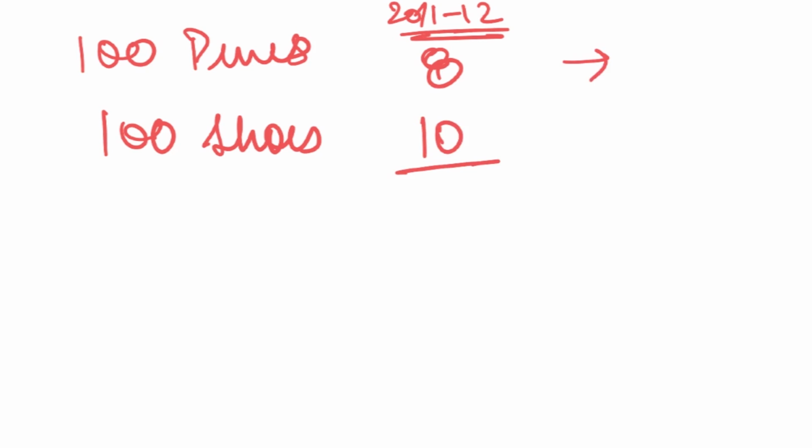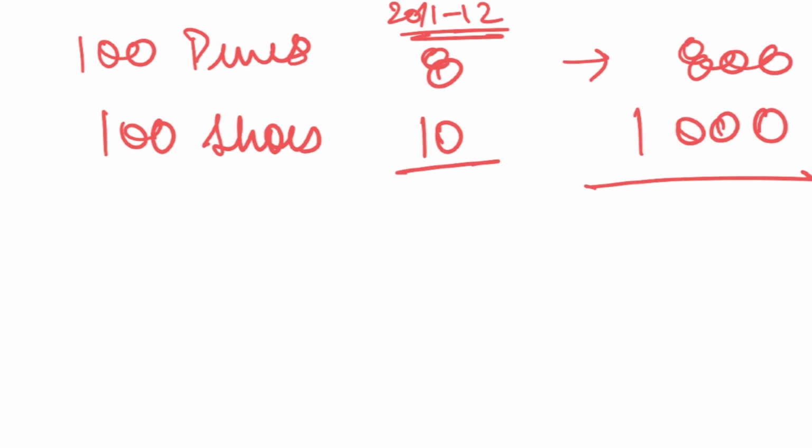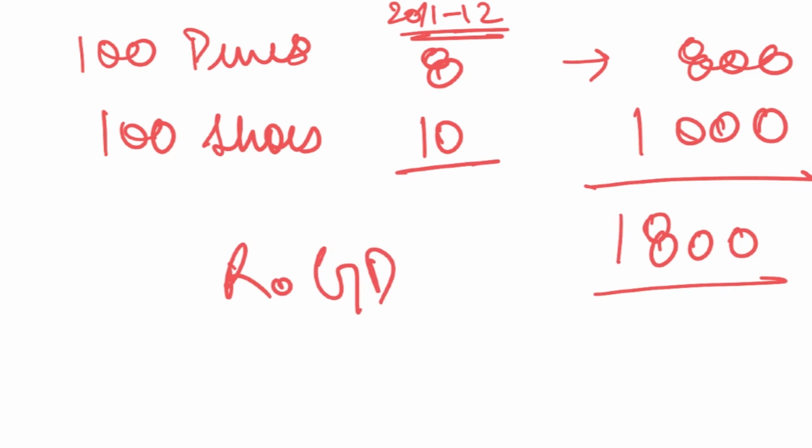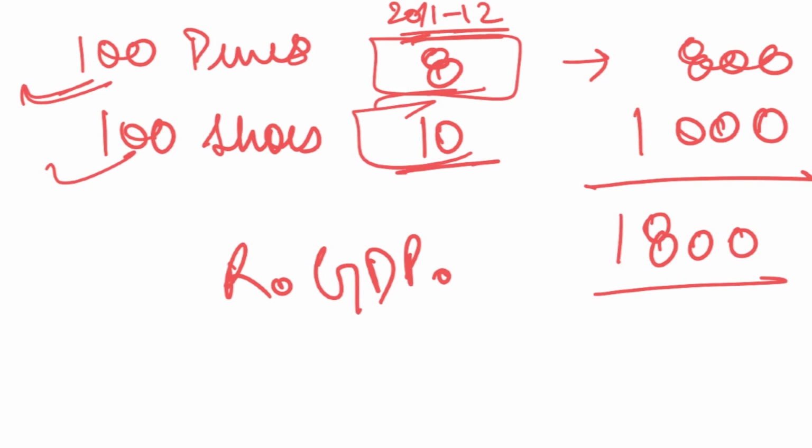So what's the GDP at that time? It is 800 and 1000, right? And if we add it up, the amount which comes up is the real GDP, because we have evaluated the production at the price prevailing in the base year.